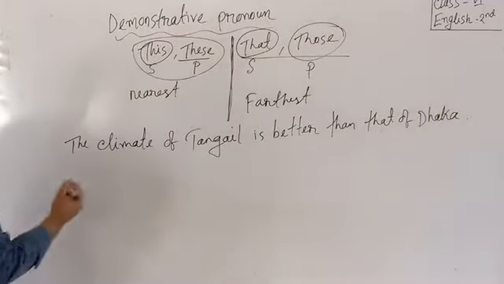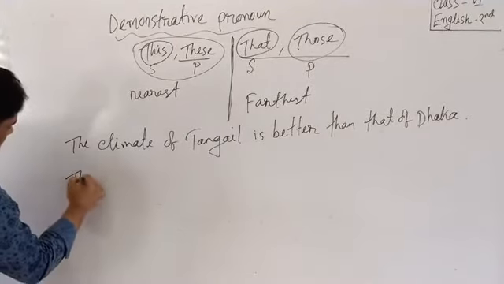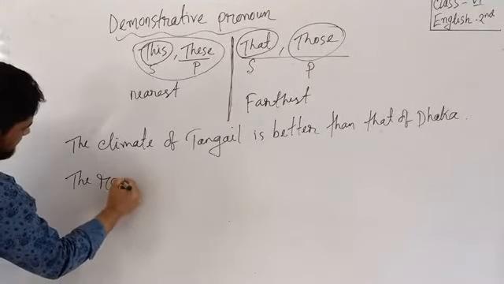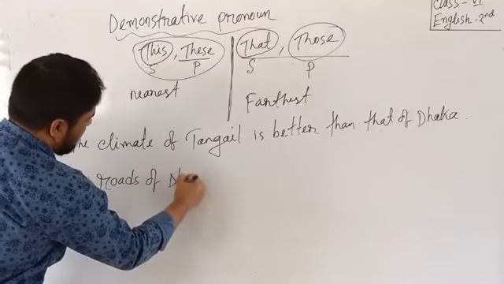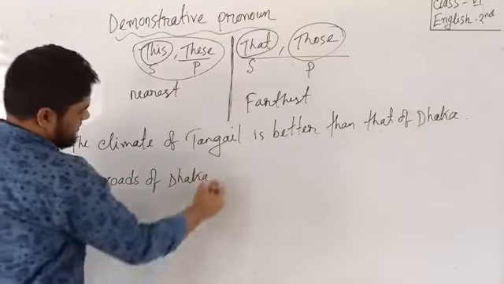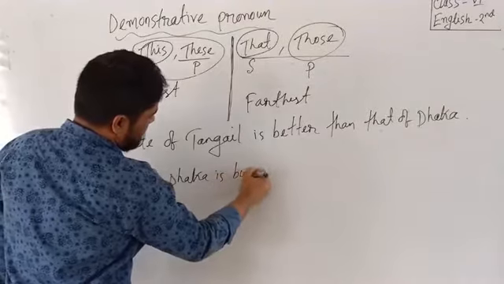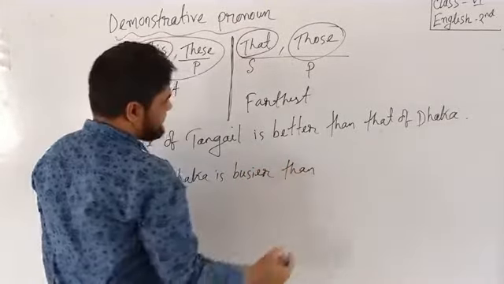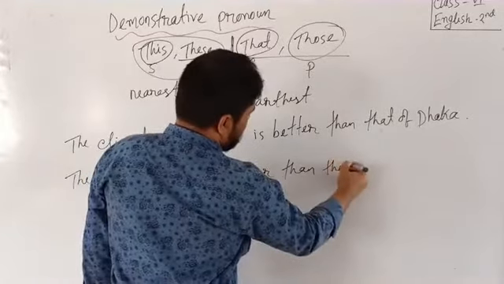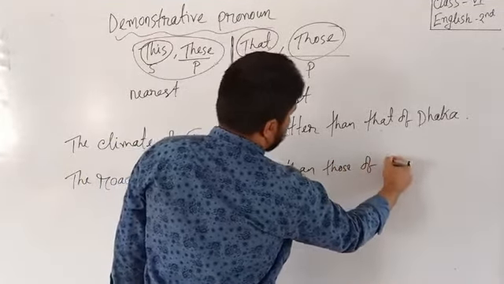Well, and another example, the roads of Dhaka are busier than those of Tangail.